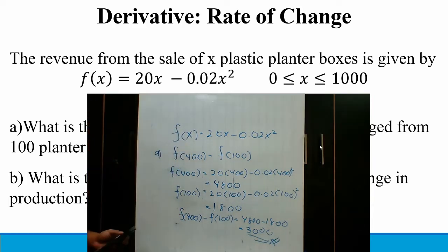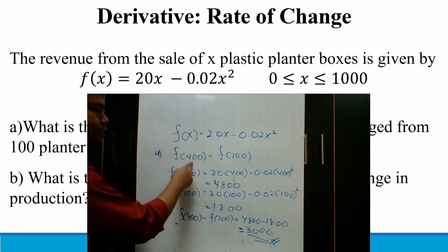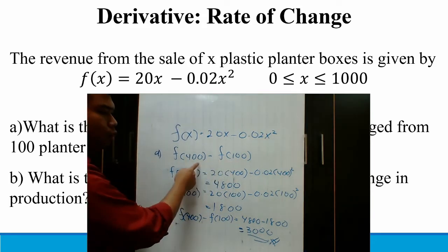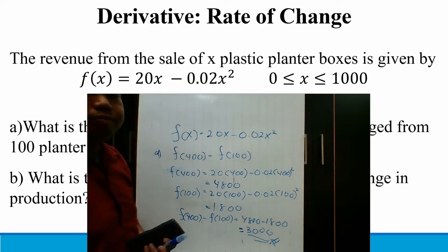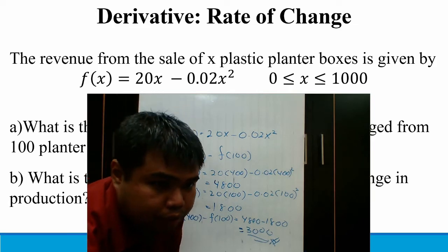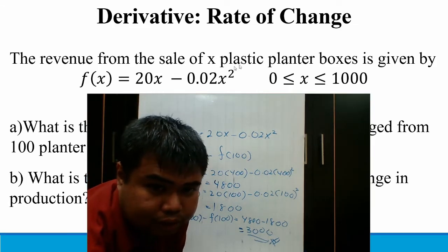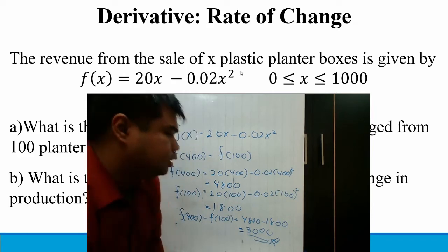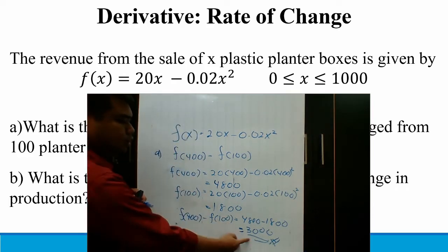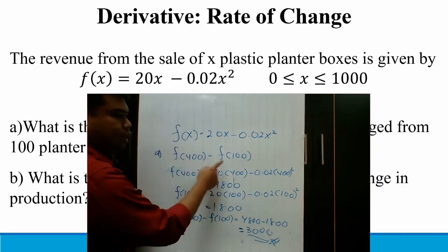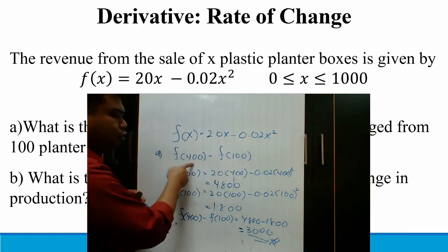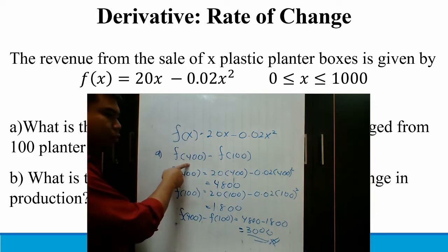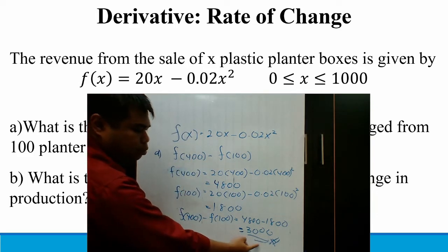This is what we call the change. When x changes from 100 to 400, the revenue change will be 3,000. f(x) is revenue and x is the plastic planter. So the revenue will be 3,000 when the plastic planters move from 100 to 400, an increase of 300 more.